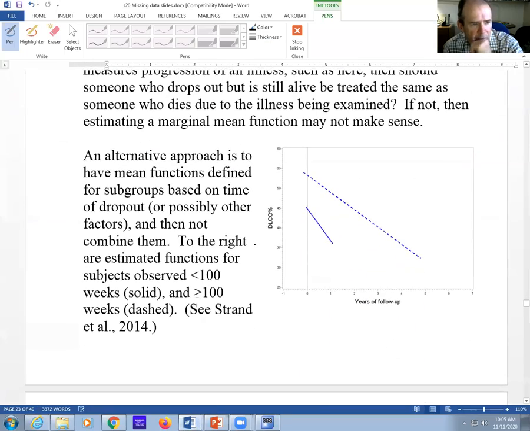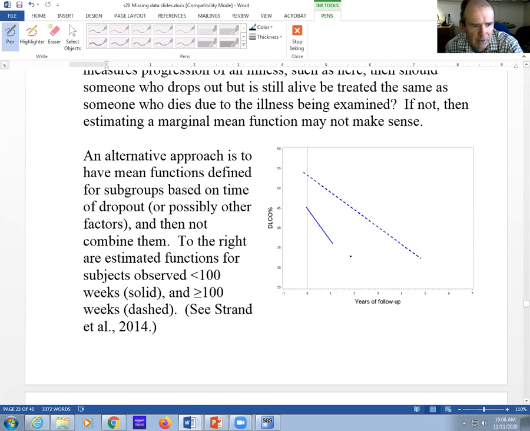But what we get for this pattern mixture model, here's the function we get for the subjects, the early dropouts, that have a steeper decline in DLCO, and then the function for the subjects who stay in. This brings up a question though: if we have a marginal estimate, some weighted average of these two, conceptually to me, I don't know if it makes a lot of sense, especially early on, I think it's fine.